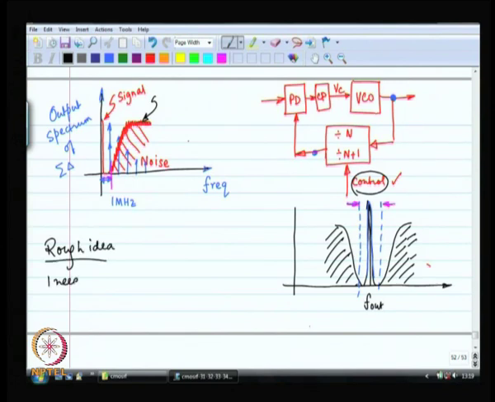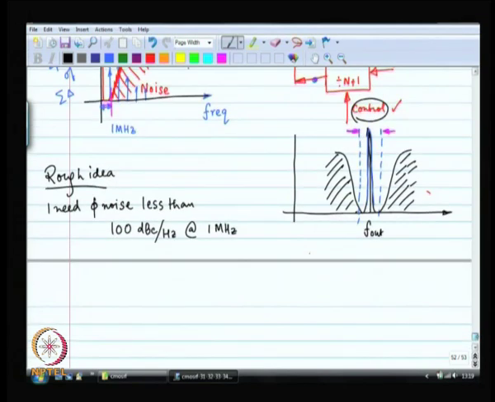I need phase noise less than, let us say, 100 dBc per hertz at an offset of 1 megahertz. Suppose this is the requirement of phase noise of the final VCO, right. Now, the crystal oscillator is good enough to give you this. Your loop bandwidth is 1 megahertz.